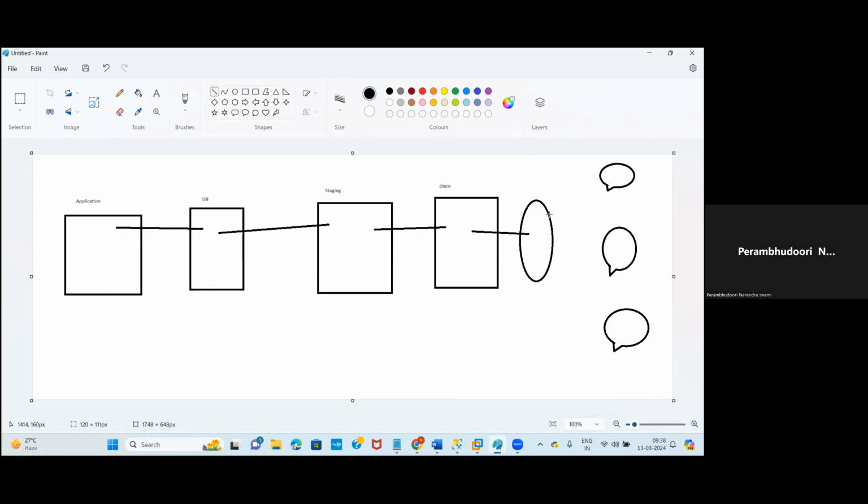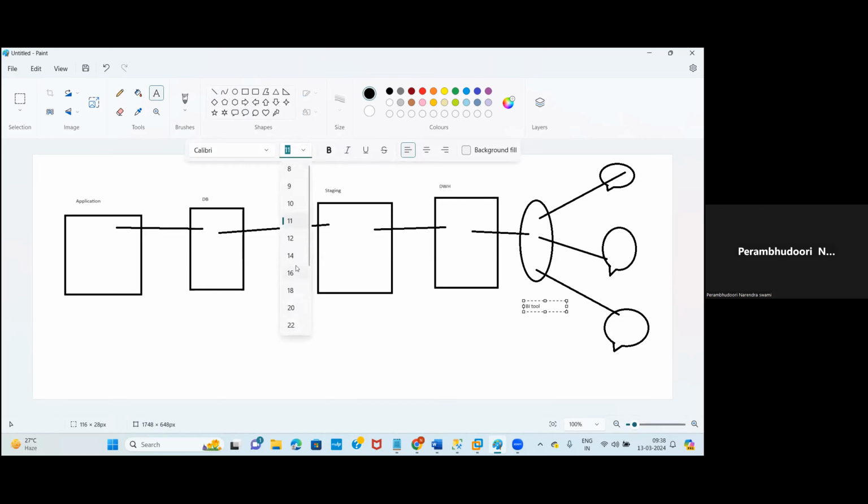For this we do the ETL, and by using the ETL we develop a data warehouse. Clear? Once data is loaded, here we use the BI tools. BI tools are something like Cognos.